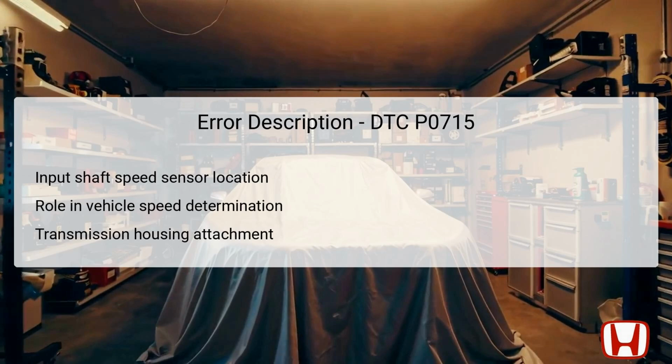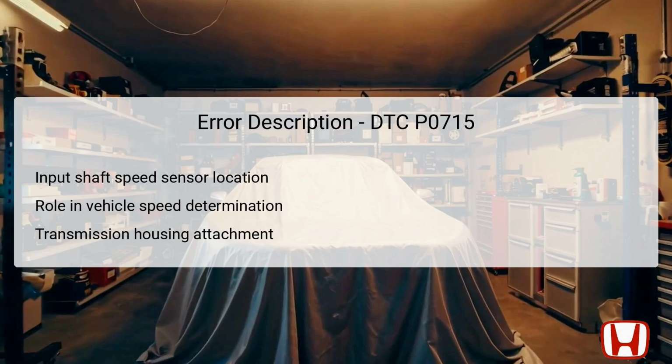The input shaft, main shaft, speed sensor is critical for the operation of the vehicle's transmission. Located on the transmission housing, this sensor detects the revolutions of the main shaft. Its primary function is to relay information to the PCM regarding the rotational speed of the input shaft, allowing for accurate determination of vehicle speed.